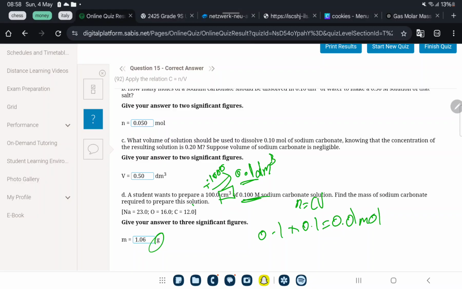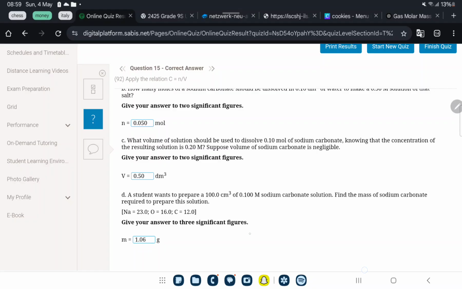And then you want sodium carbonate, so NaCO3. You get the molar mass. At this point I'm not gonna show you how to get it. Have some independence. So 23 plus C, 48 you get. So we got the mole 0.01. It's Na2CO3, my mistake, sorry.